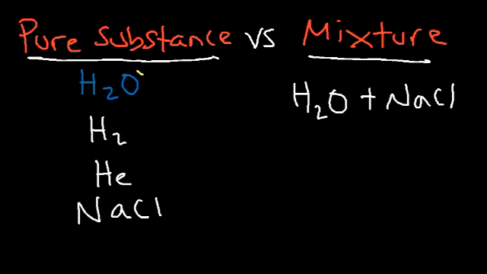So water, I can't separate hydrogen and oxygen by evaporation or some sort of physical process like freezing or melting or boiling or vaporization. The only way for me to break down a pure substance or to separate the elements within a compound, I need to use a chemical process. For example, like electrolysis. In electrolysis, I can separate hydrogen from oxygen.